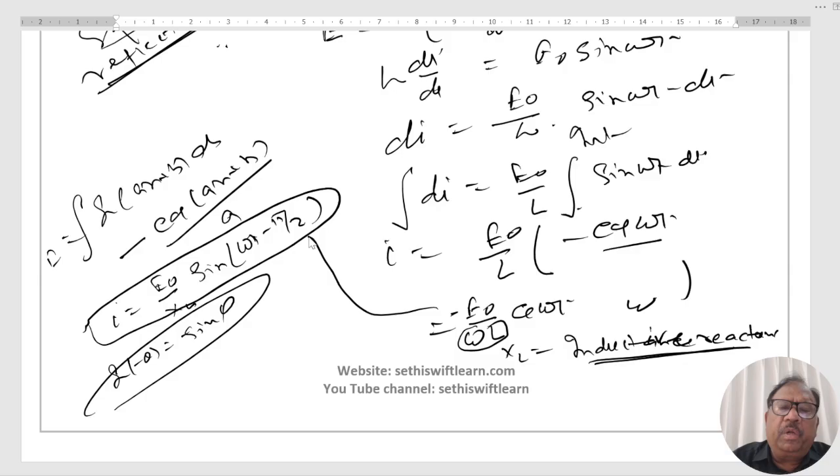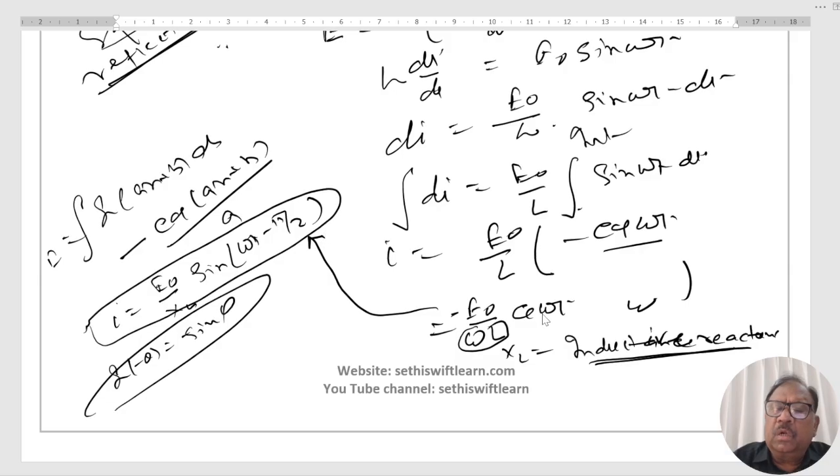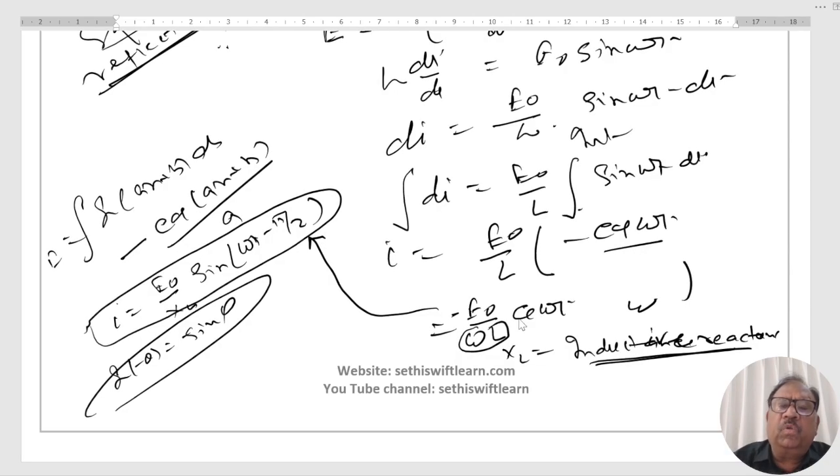This expression can be written like this, reducing this into sin, because we have to compare with the applied EMF, whose term is sin omega t. We have to reduce this term into sin with a certain phase angle. Sin of pi by 2 minus omega t is cos, but a minus sign is there, so taking omega t minus pi by 2 common, this is our answer. Now comparing equation 1 and 2.